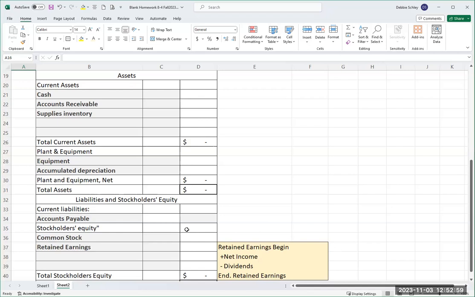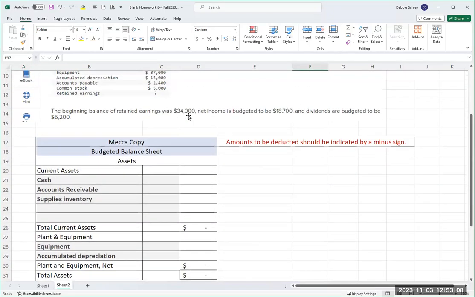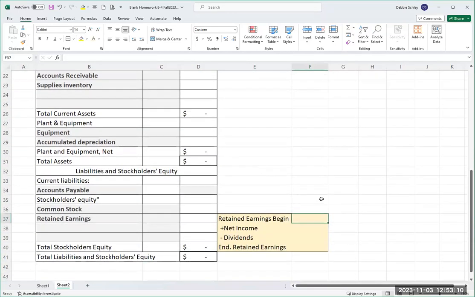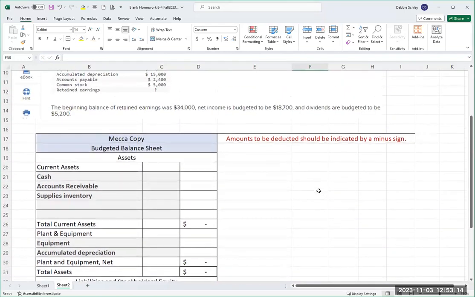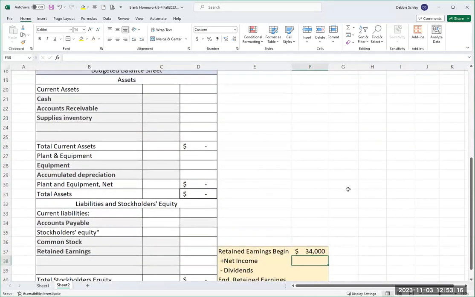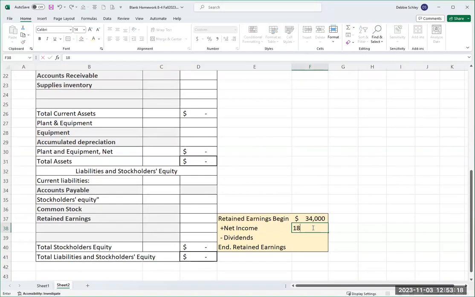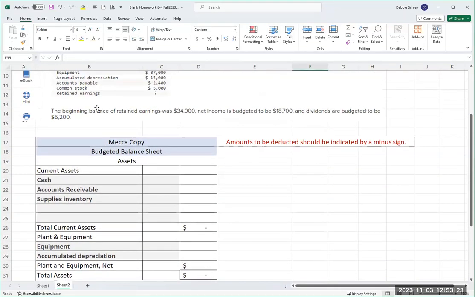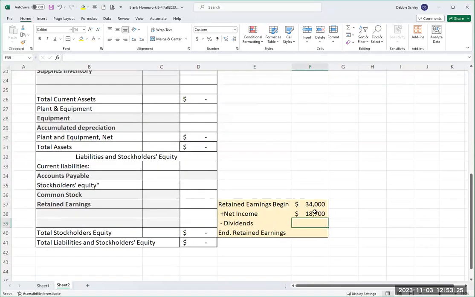Okay, so just real quick before we even start, I'm going to figure out what retained earnings is. Back up here, they told me my beginning balance is 34,000, my net income is 18,700, and my dividends are 5,200.